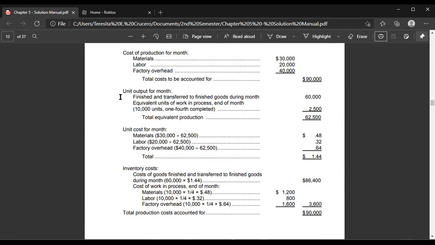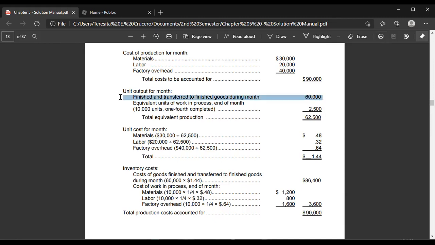Okay, so we will have the following problems by tomorrow. I'll discuss 5-2. That's the cost of production with one department. There's a beginning in process inventory in 5-2. Then we have 5-4, computation of equivalent units. Now in 5-5, we have the cost of production now in multiple departments.